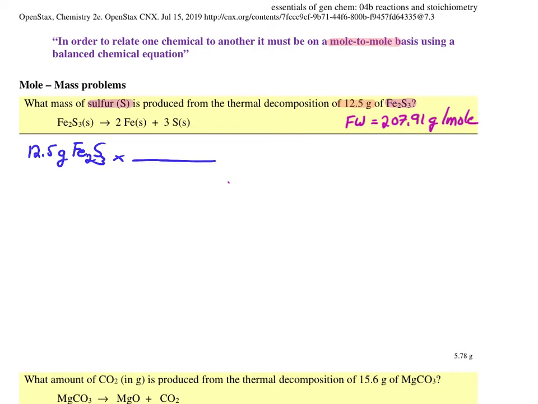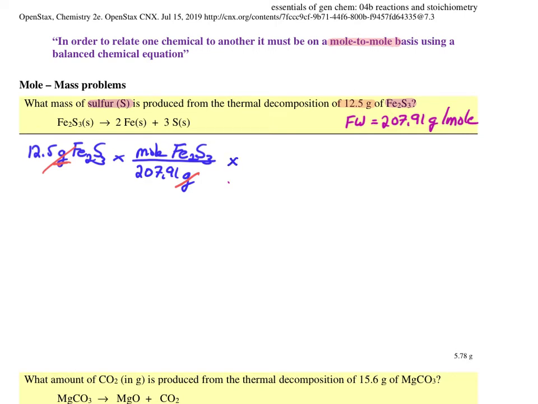And we need to use our formula weight to convert between grams and moles. So we know we need to have the units of grams in the denominator so that it cancels out.